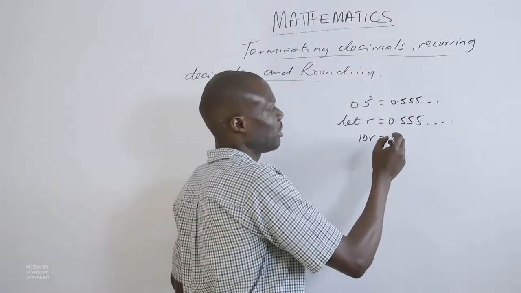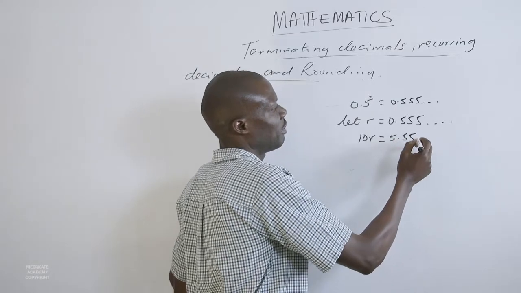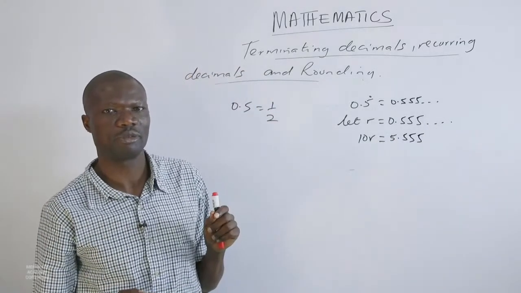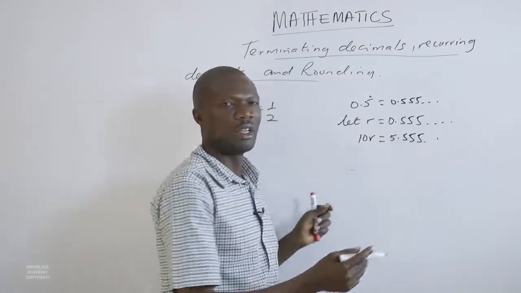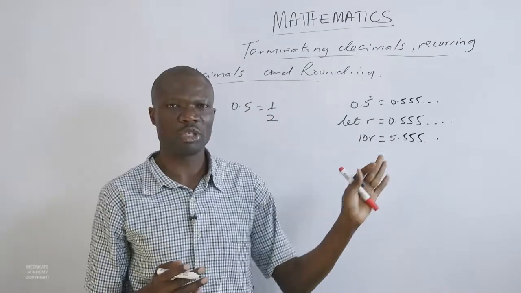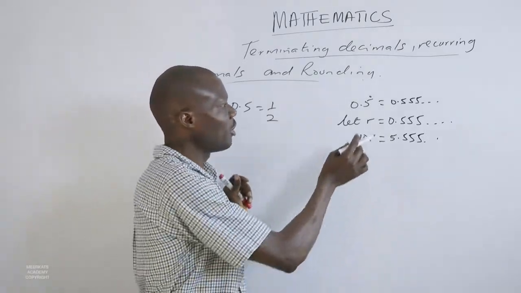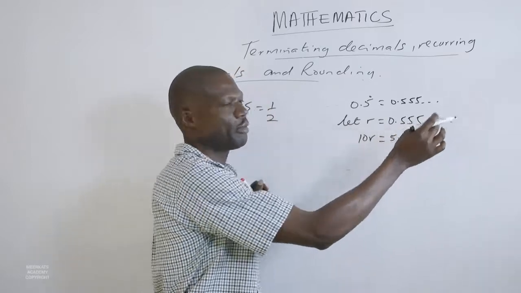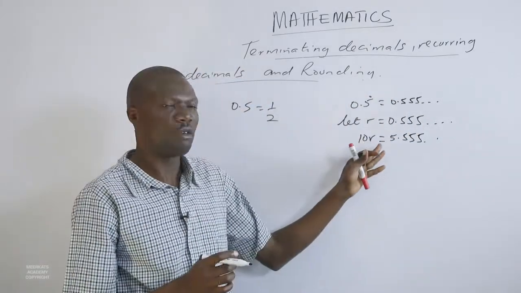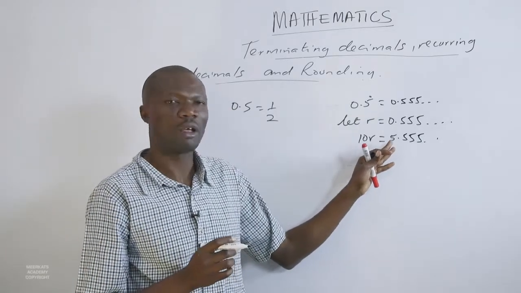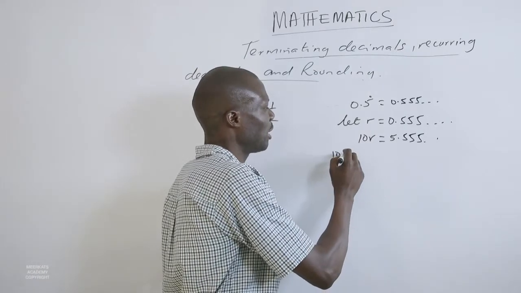You'll find that it will be 5.555 recurring. Just make sure you have the same number of decimal places. So we have R as 0.5555 and so on, and we have 10R as 5.555 recurring.